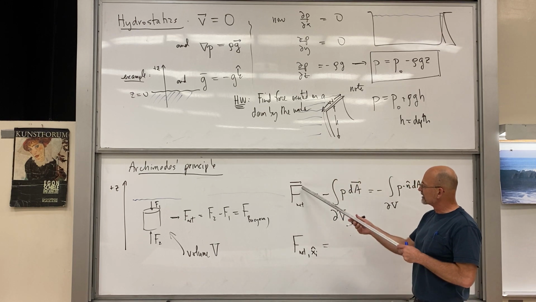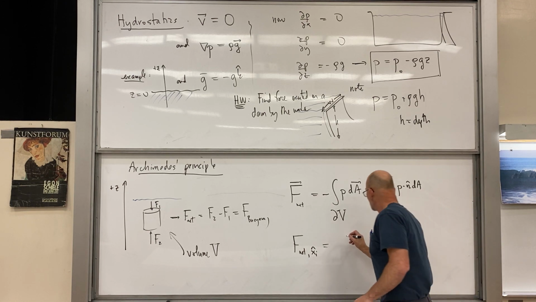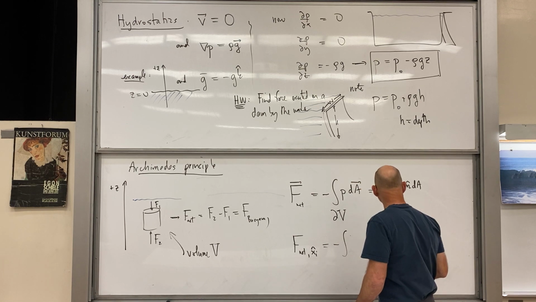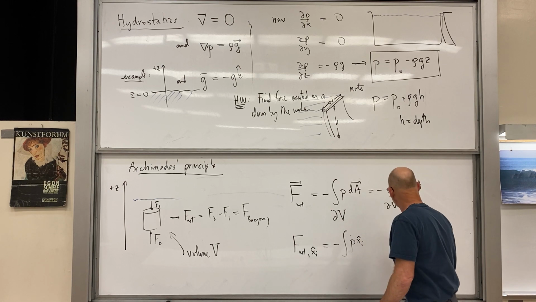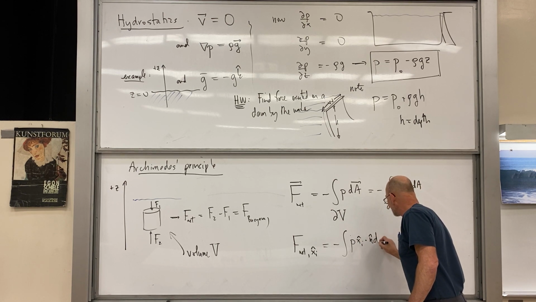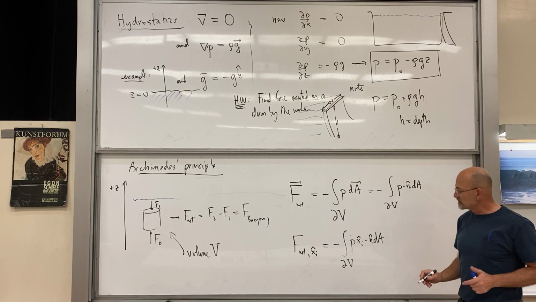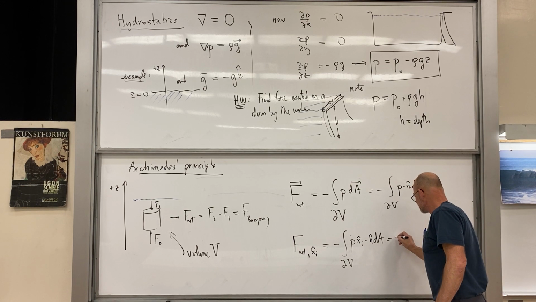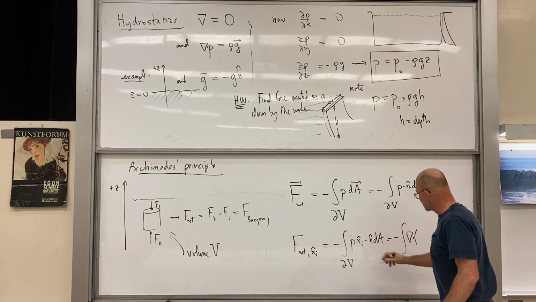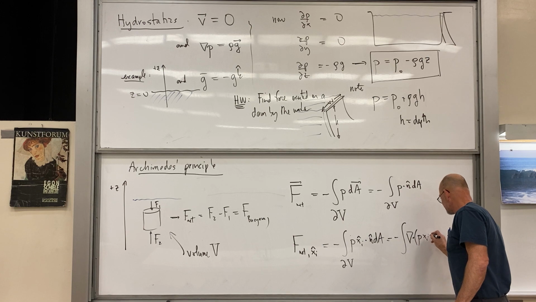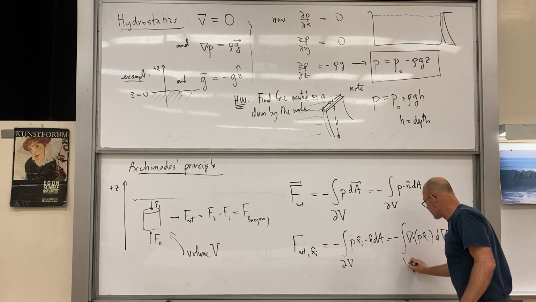That will be the dot product of this expression with x sub i hat, x, y, or z. So we'll have minus integral here, P x sub i hat dotted into N hat d area. And we can use the divergence theorem, equals integral of the divergence of this vector d volume over this volume.